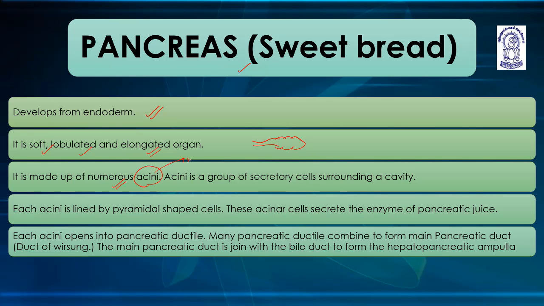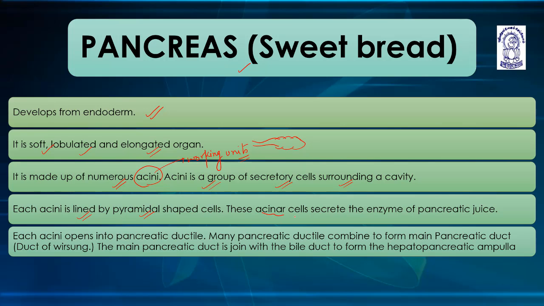Acini are the working units of pancreas. An acinus is a group of secretory cells surrounding a cavity. Each acinus is lined by pyramidal shaped cells.